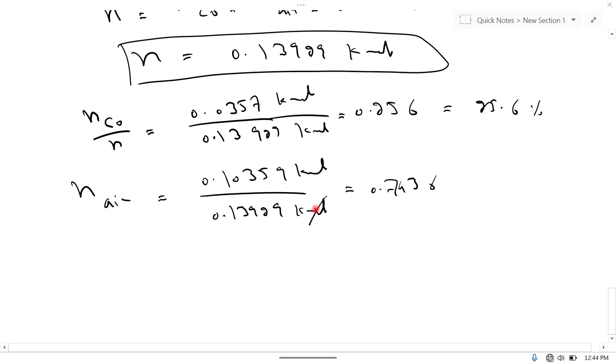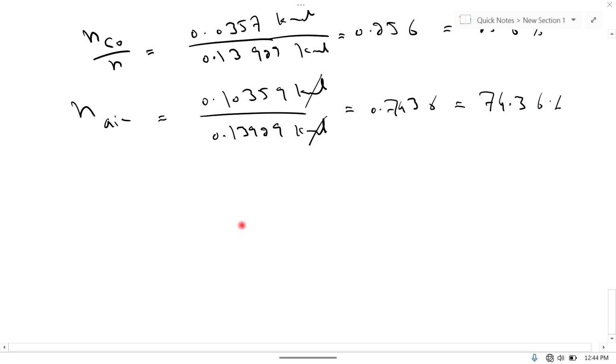Kilomole will be cancelled with kilomole, and in percent this is equal to 74.36%.